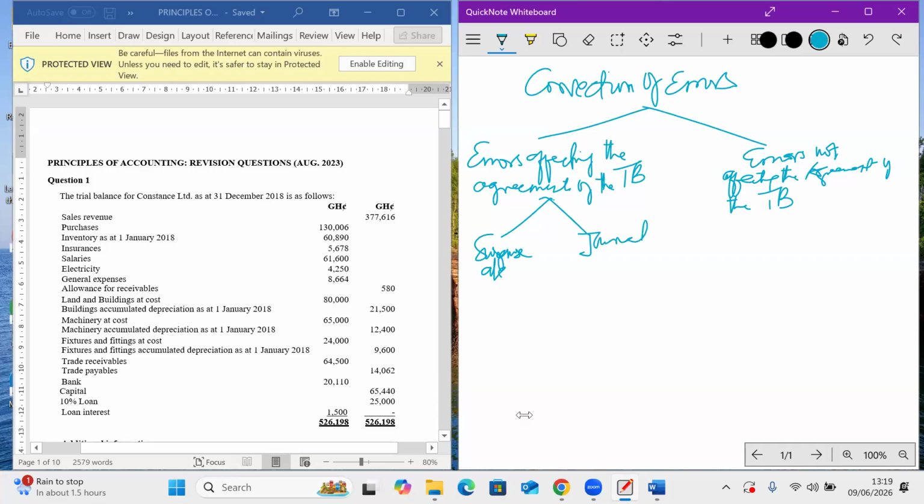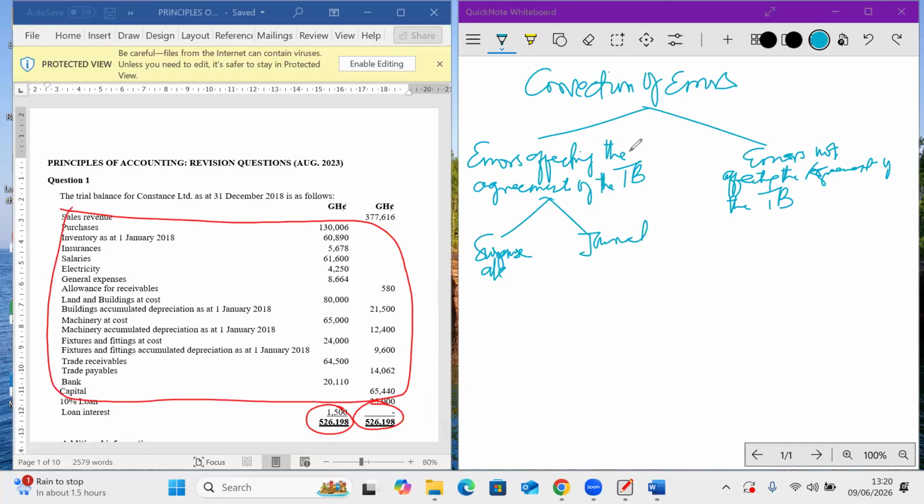the general journal. When the errors are not affecting the agreement of the trial balance, you would see right there in the debit and credit side, they will be the same, but the errors have been caused within the ledgers. The errors will be within the ledgers, but the figures will be the same.